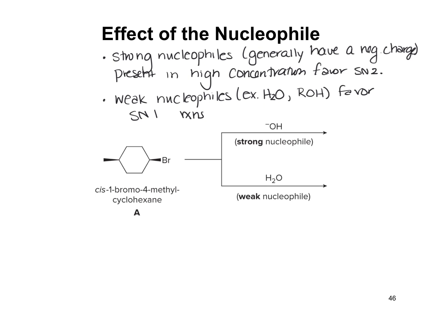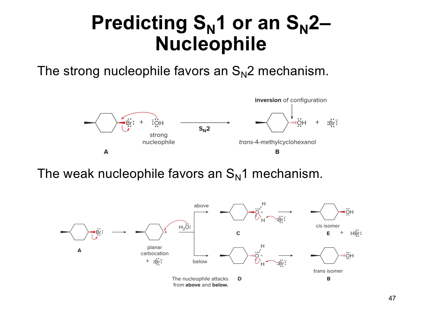So here is a secondary alkyl halide, and I want us to look at this. It can go through a reaction with a strong nucleophile or a weak nucleophile. And so if we look on the next slide, the strong nucleophile favors the SN2 mechanism, and we get an inversion of configuration, and this is our product.